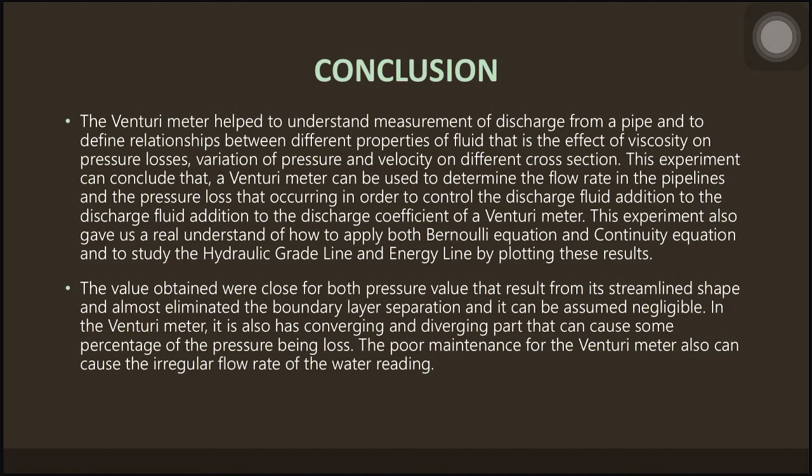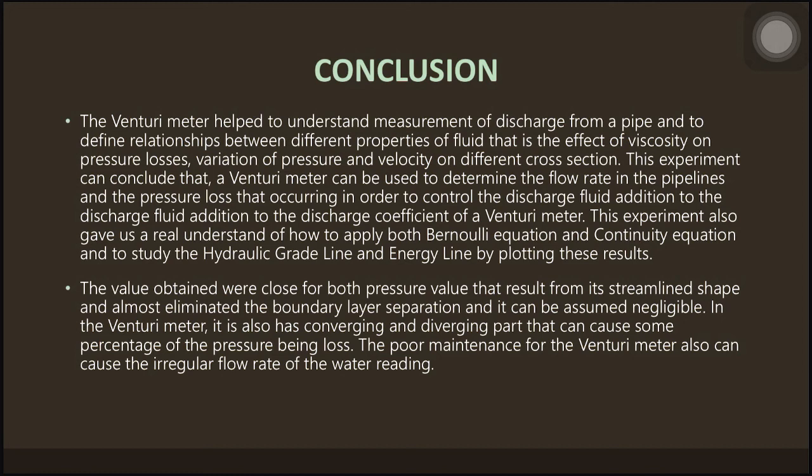This experiment shows that a venturimeter can be used to determine the flow rate in pipelines and the pressure loss that occurs, in order to control the discharge of fluid, in addition to the discharge coefficient of a venturimeter. This experiment also gave us a real understanding of how to apply both the Bernoulli equation and the continuity equation, and to study the hydraulic grade line and energy line by plotting the results.